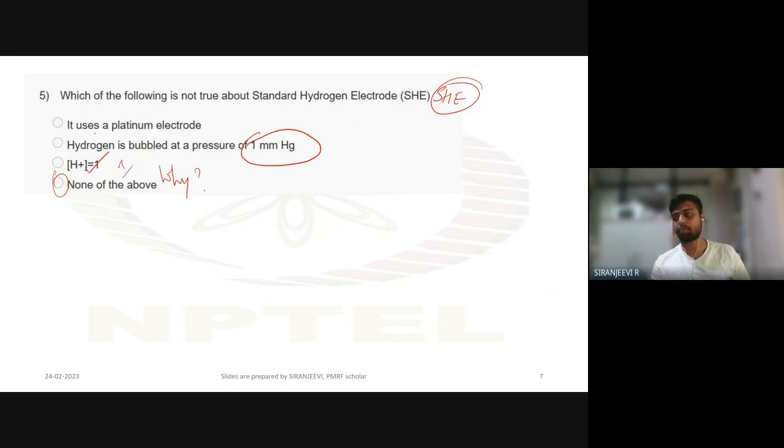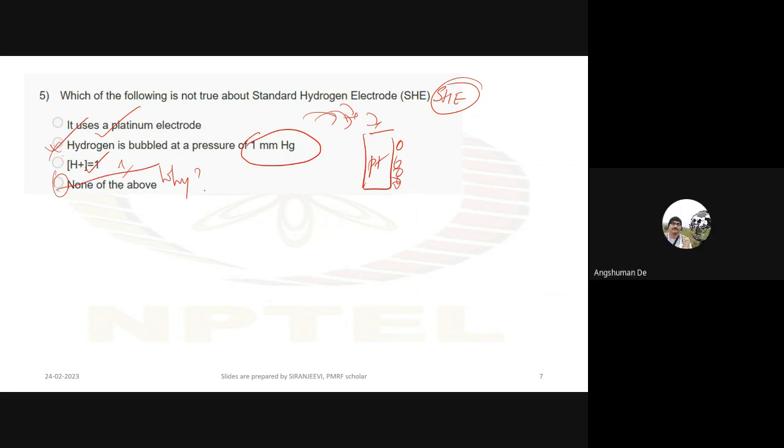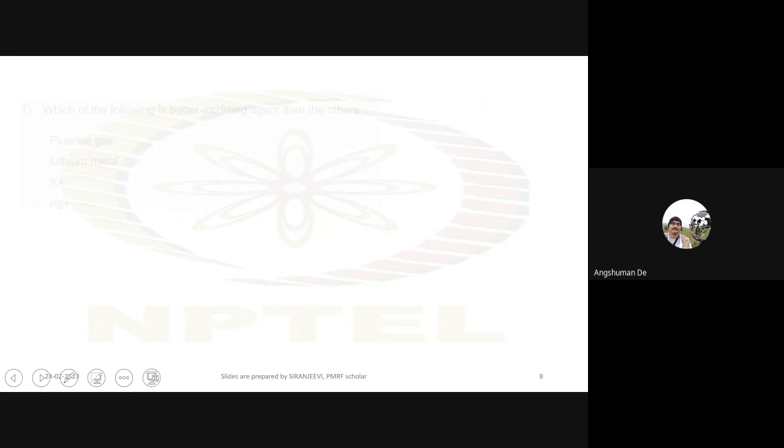And it uses platinum, that's for sure. Hydrogen bubbles will be created on the platinum surface, but we are not given bubbling from the outside. That is the trick in this question. So this is wrong. None of the above will not come. So B will be the answer.